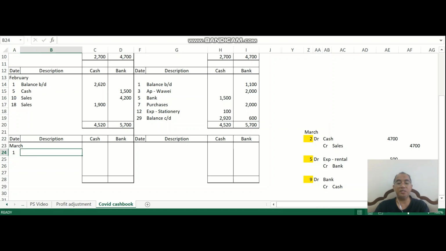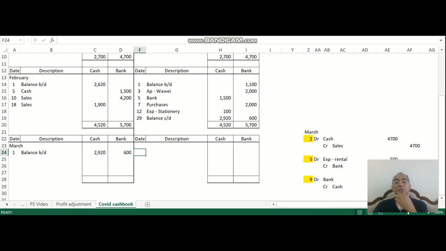So first is balance B/D. How much is cash? So I just take 2,920, and then this one I go to 600. See? So now I brought down the figure from February to March, for bank and cash.